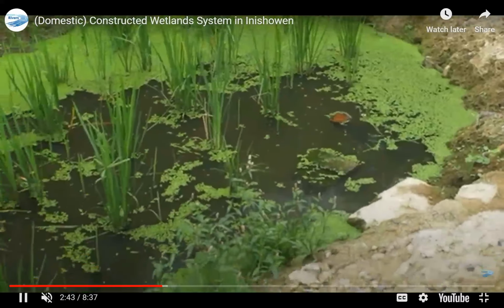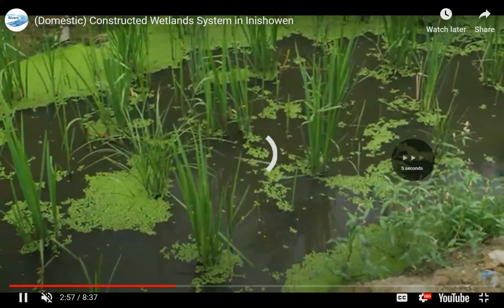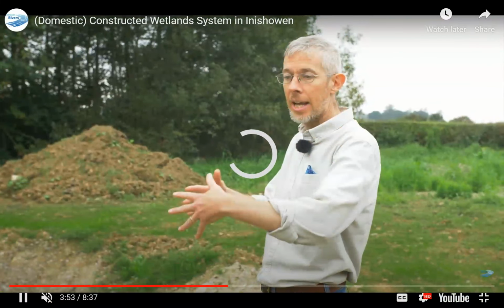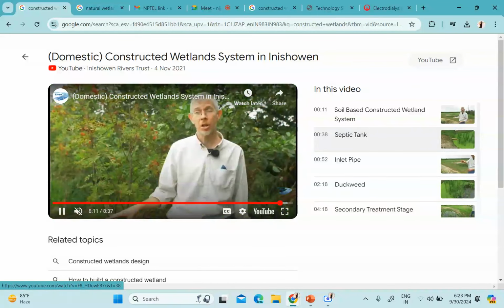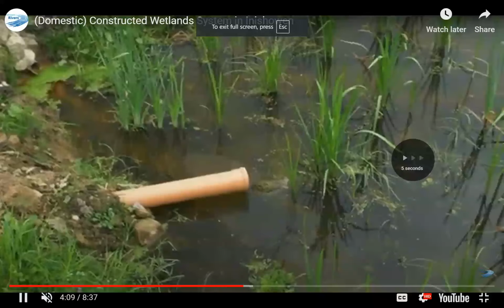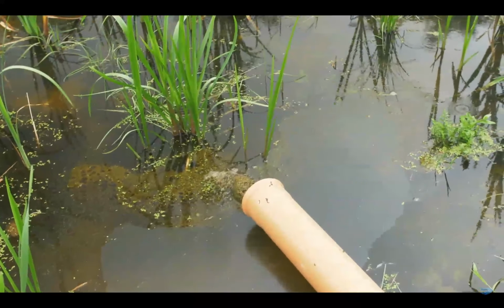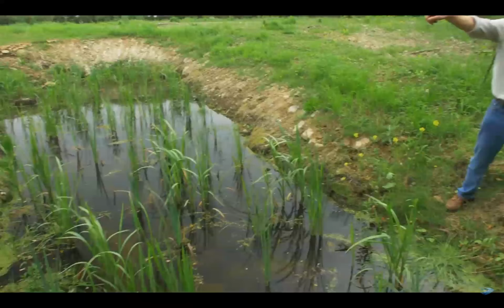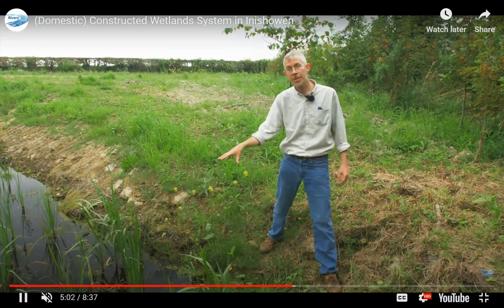And then you can see the plants which are grown in the wetland ecosystem. And this is the wastewater, and there will be microorganisms, so it gets treated as time proceeds. You can see the inlet pipe clearly from the video. Is it clear?